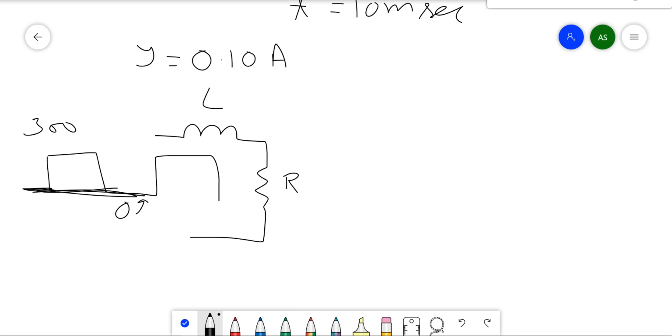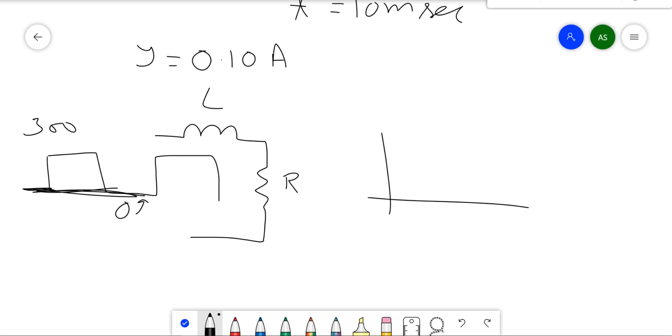Now this waveform, if we convert it into Fourier series, will be composed of some DC value plus some AC values. So if you only want the response due to the DC value of the input, then you will get the DC value of the output.